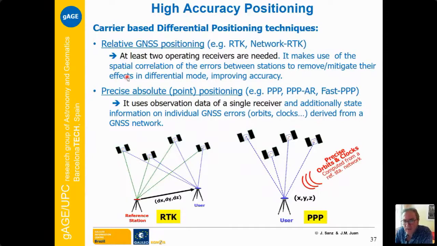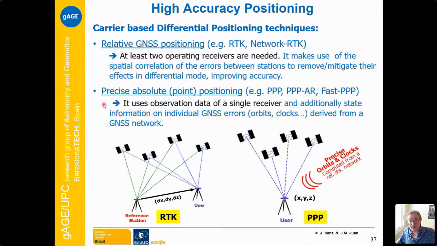There are 2 main techniques, the classical ones: relative positioning, RTK or network RTK, and precise absolute point positioning, PPP, precise point positioning with ambiguity resolution, or fast PPP.